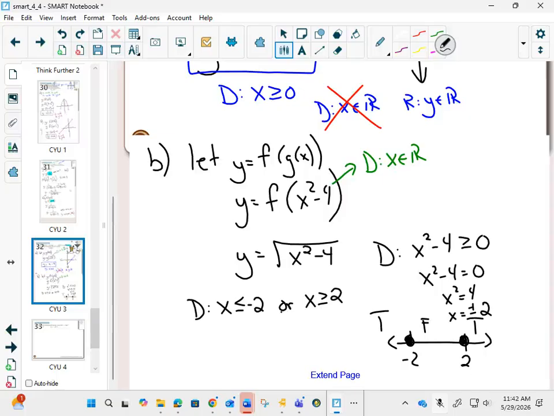So we can either write it this way, or you could go in interval notation. Square brackets because they're included. From negative infinity to negative 2, the big U means or, 2 to infinity.